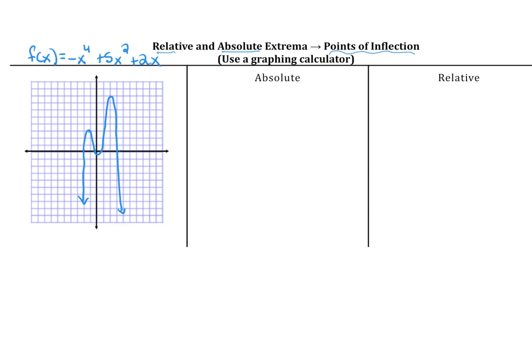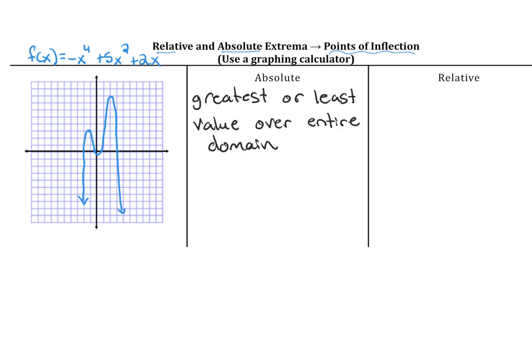So the idea of extrema would be like the highest or lowest point. If you want the full definition, an absolute extrema would be the greatest or least value over the entire domain. So if you look at this graph, this right here is the top point.